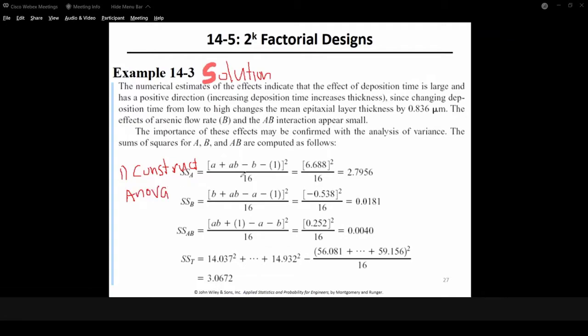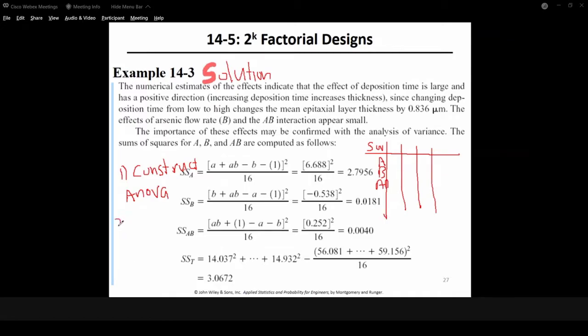When I say ANOVA table, it's like this, guys. You have SOV, remember, SOV, A, B, AB, and you have error. Like that, this is called an ANOVA table.